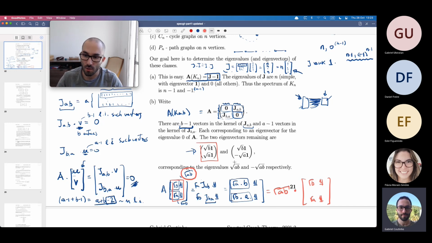So I have eigenvalues square root of AB and minus square root of AB corresponding to these two vectors. And this allows me to complete my quest for finding enough eigenvectors. I had already found A plus B minus 2 linearly independent eigenvectors. Now I have just found the 2 remaining. Any questions?